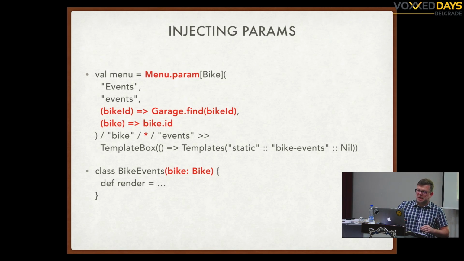Then you need to use a tuple here to match these parameters from your URL into your transformation function. And that's all. And Lift will inject those parameters, those instances, into your class, so you don't have to worry about it. You'll just use them. The only minus is that if you have many parameters, you have a tuple, it will inject the tuple, not the separate instances. So you need to remember that.